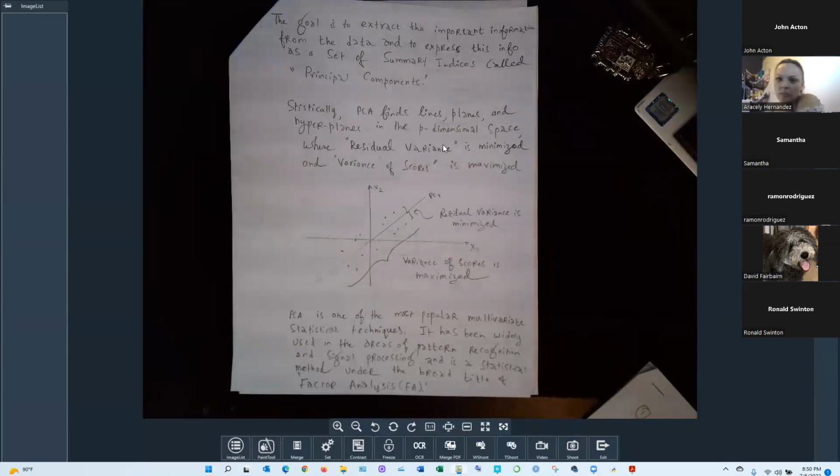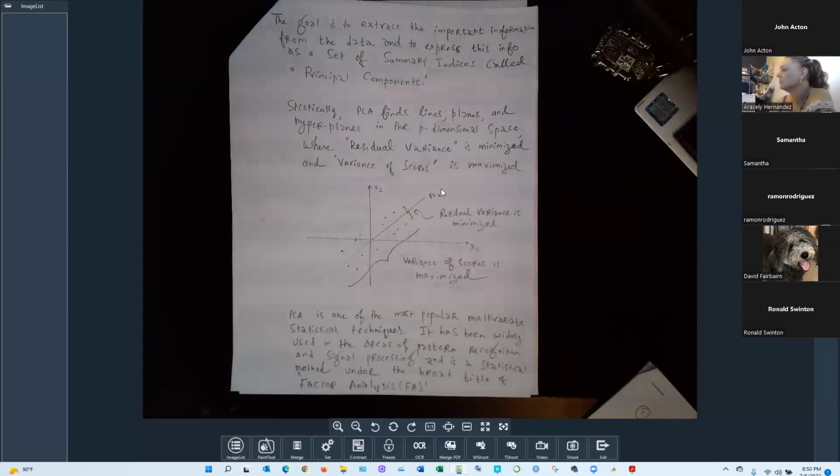See? So in this case, what we're going to do is look at the residuals, graphically measured. See, this is the new variable. In the beginning, let's say you have two variables, x1 and x2. I'm not talking about the dependent variable y. These are two independent variables, x1 and x2. With the aid of these two variables, you are trying to get the new variable called principal component 1.